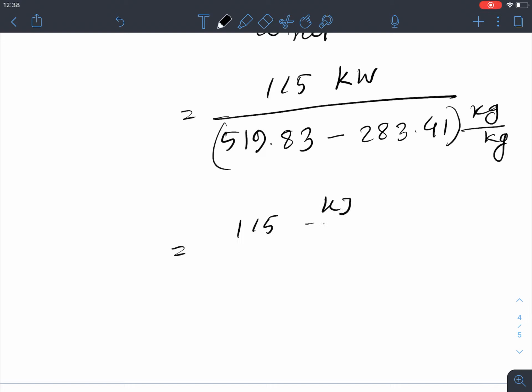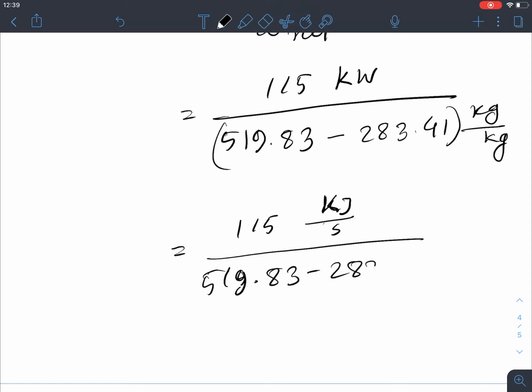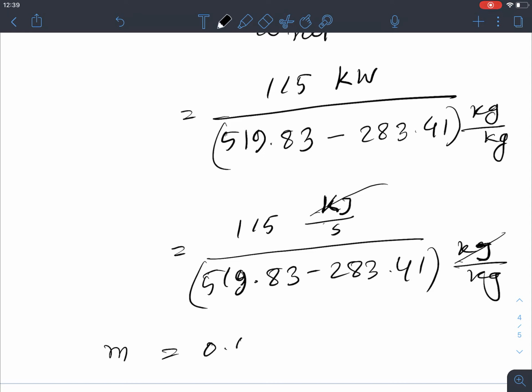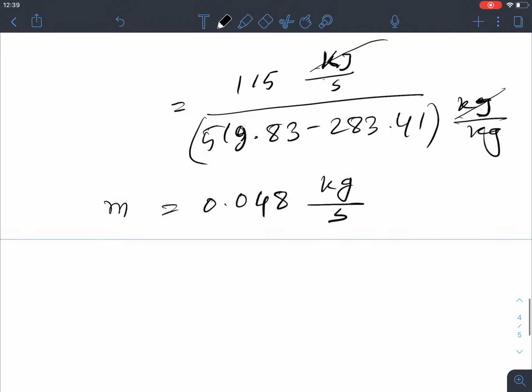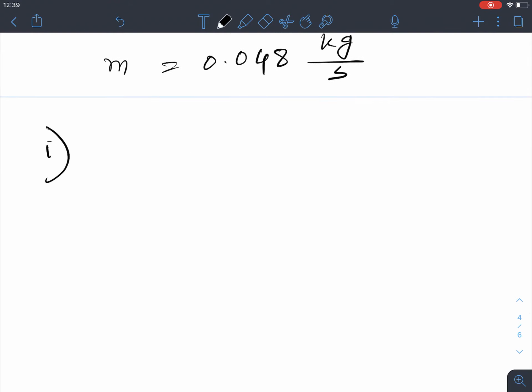It will be kilojoule per second instead of kilowatt, and then it will be 519.83 minus 283.41 kilojoule per kg, right? So this kilojoule and kilojoule will be omitted, leaving only mass equals 0.48 kg per second. So now we know the mass.